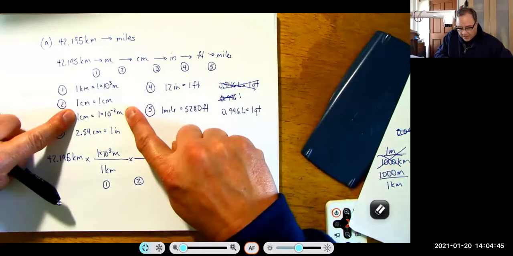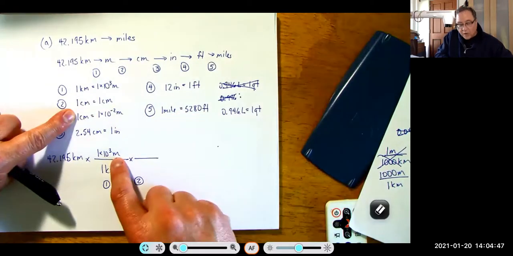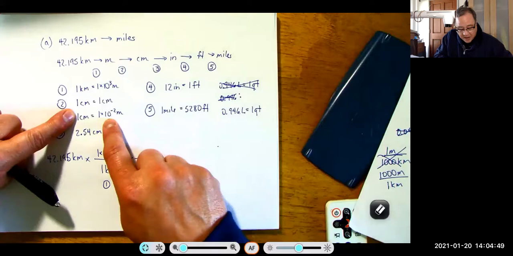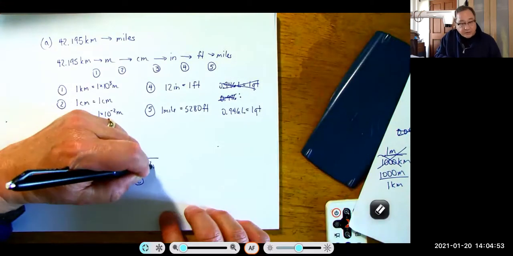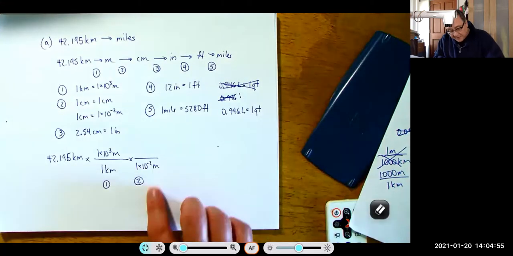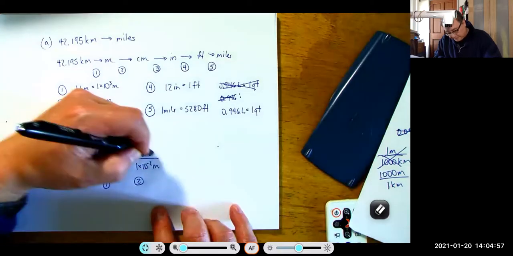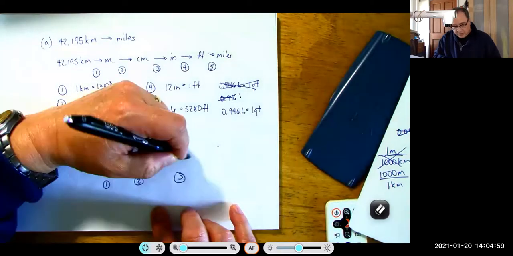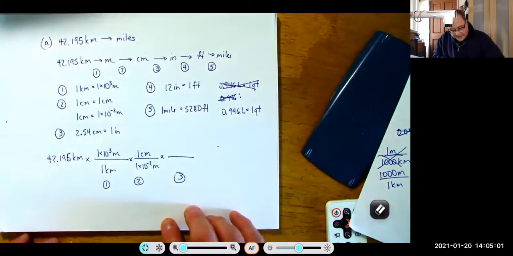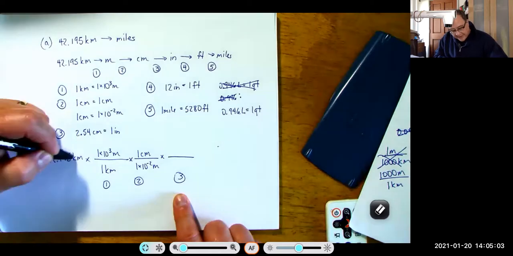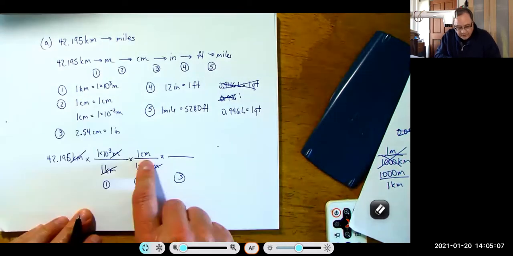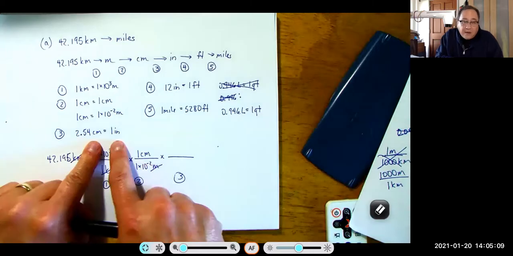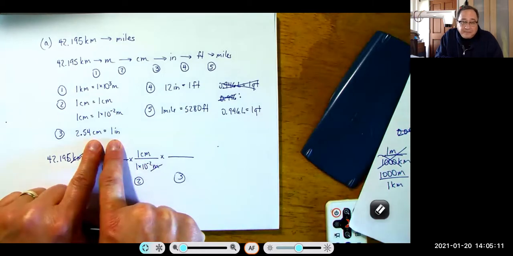So that's number 1. For number 2, how am I going to use this? It looks to me like I want to get rid of the meter, so I'm going to put 1 times 10 to the minus 2 on the bottom, and 1 centimeter on top. So for number 3, I'm going to start crossing these out. It looks like I want to get rid of centimeter. So which of these do I put on the bottom? 2.54 centimeters.